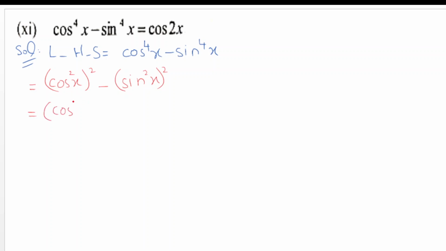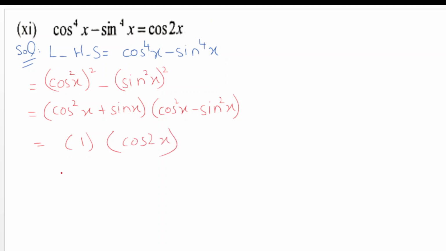So cos square x plus sine square x and here cos square x minus sine square x. We know that this must be equal to 1, and this is the formula of cos 2x. Okay, so cos 2x, that's done.